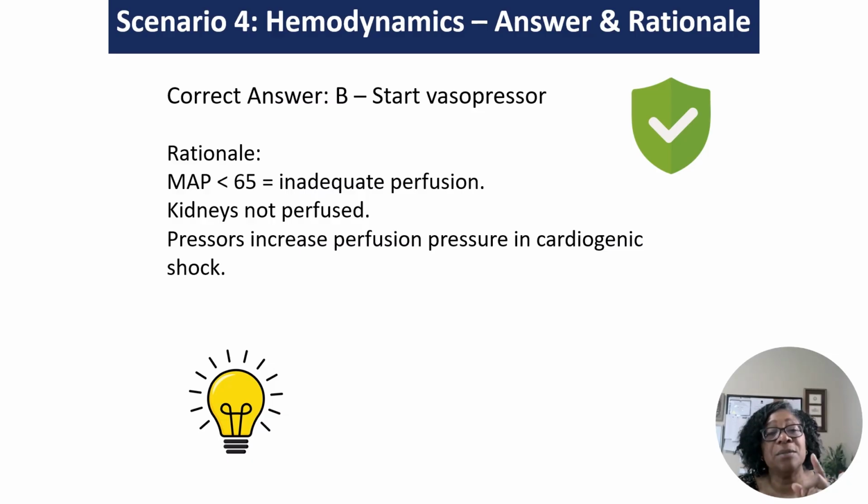So the answer is B, start vasopressor. Why? Fluids are not going to prevent cardiogenic shock. Pressors will support the blood pressure and perfusion pressure, because remember, pressors increase blood pressure and cardiac output, which is going to help perfuse the brain and the organs. Okay? All right. Scenario 5.